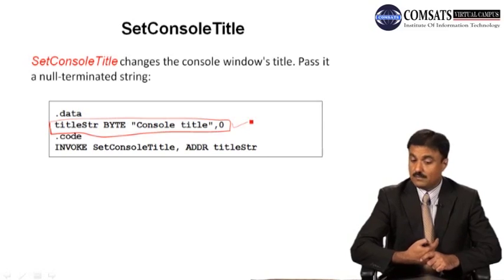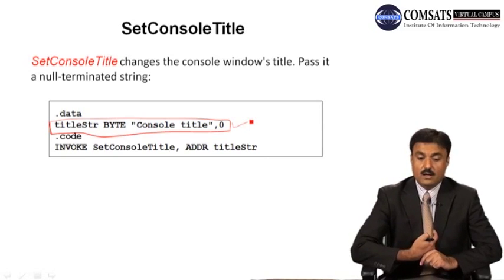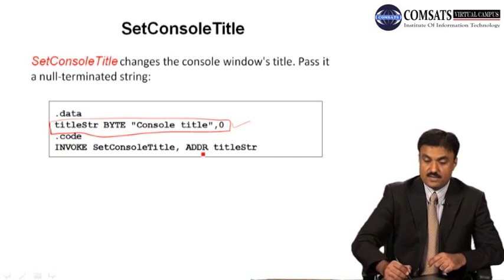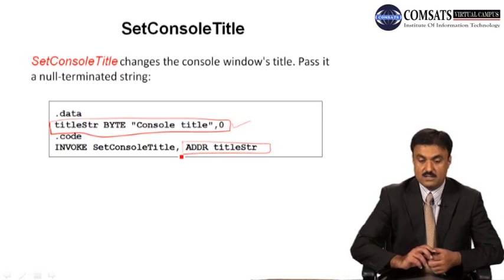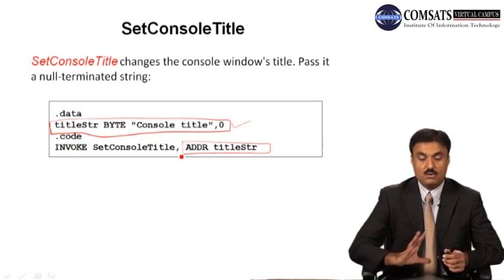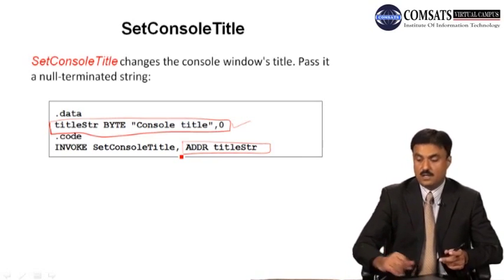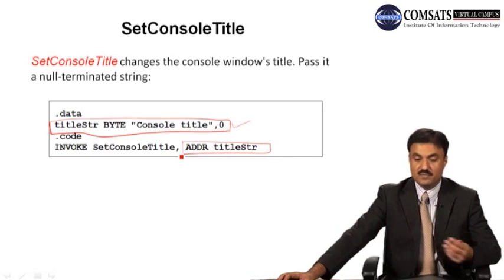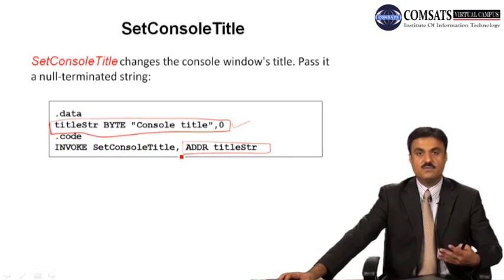Then we have invoke SetConsoleTitle and the address of the string that you want to use as a title. This is a null terminated string and it will be passed inside this. This is the only parameter that you can pass to SetConsoleTitle. And this title you will see on that window; it will be changed.